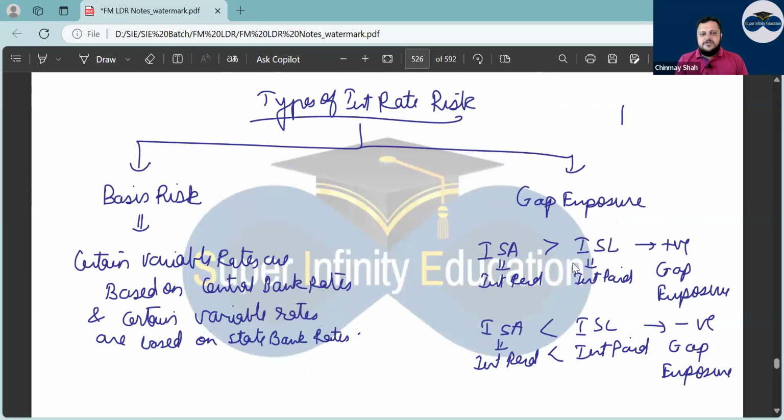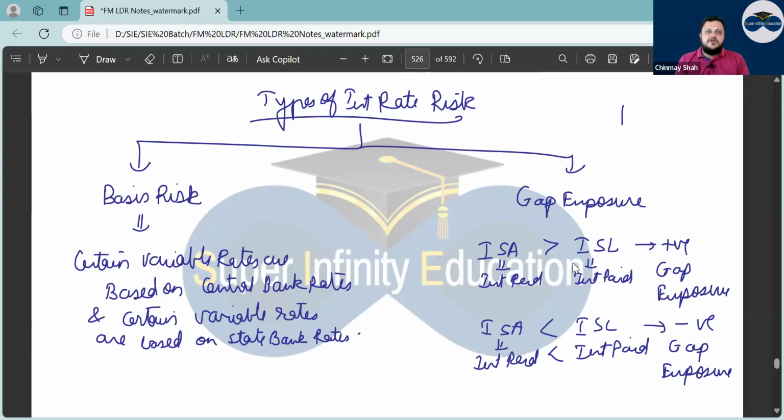Basis risk is what? Obviously you don't have just one variable rate, correct? You have various variable rates, right? Some may be based on what? Central bank rates, and some might be on what? State bank rates, correct? Then there is something called gap exposure. When you have interest sensitive assets higher than interest sensitive liabilities, it is a positive gap exposure, correct?